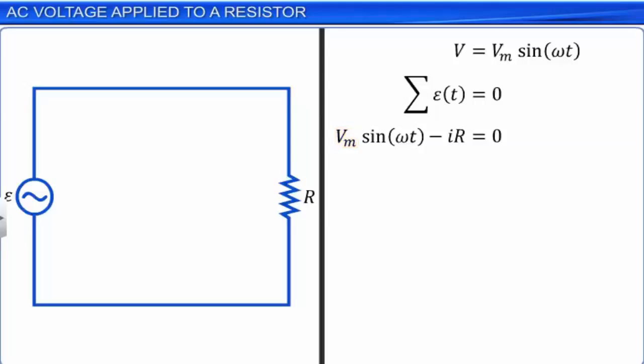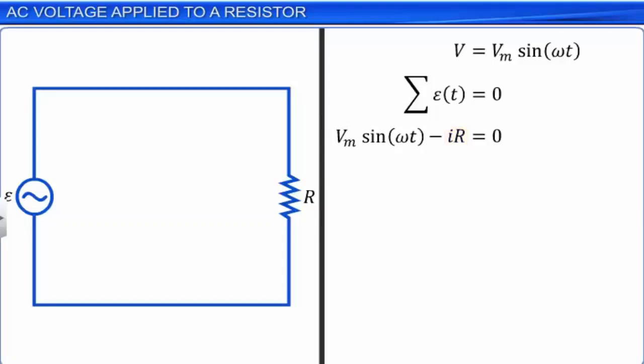Here, Vm sin ωt is the potential across the given voltage source. The second term IR is due to the fact that if a current of magnitude I passes through a resistor of resistance R, the potential fall across it can be denoted by the term IR.